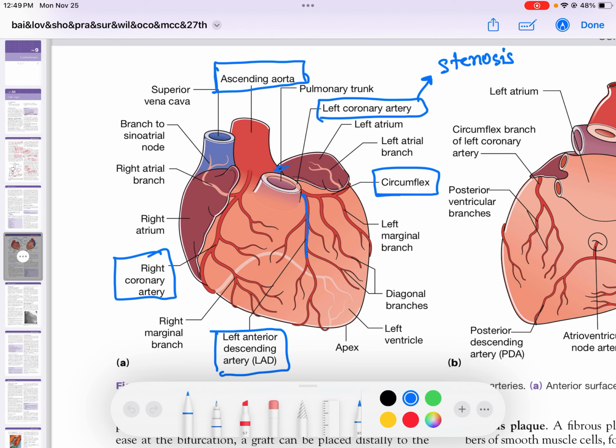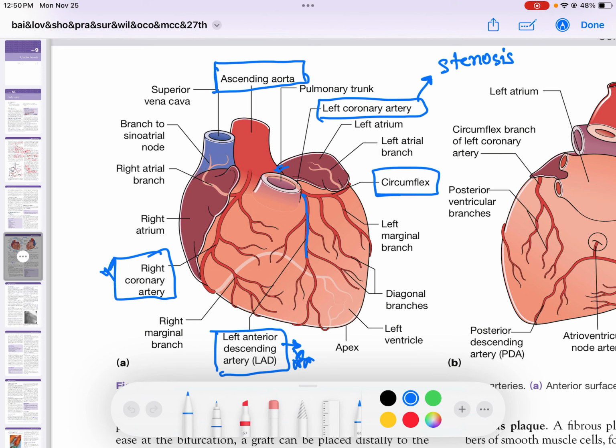The left anterior descending artery is the most frequently diseased coronary artery and most often bypassed during coronary artery bypass grafting.